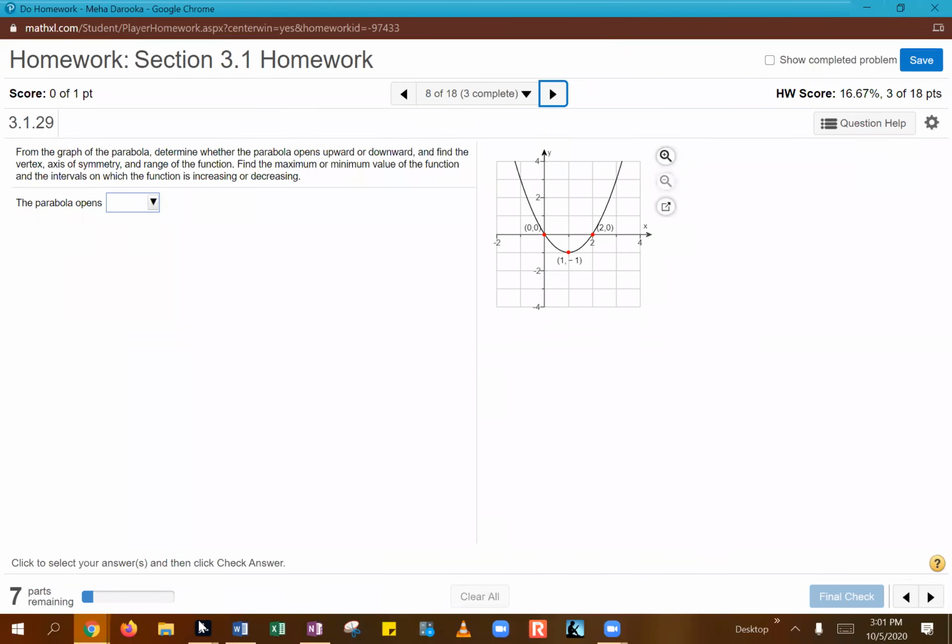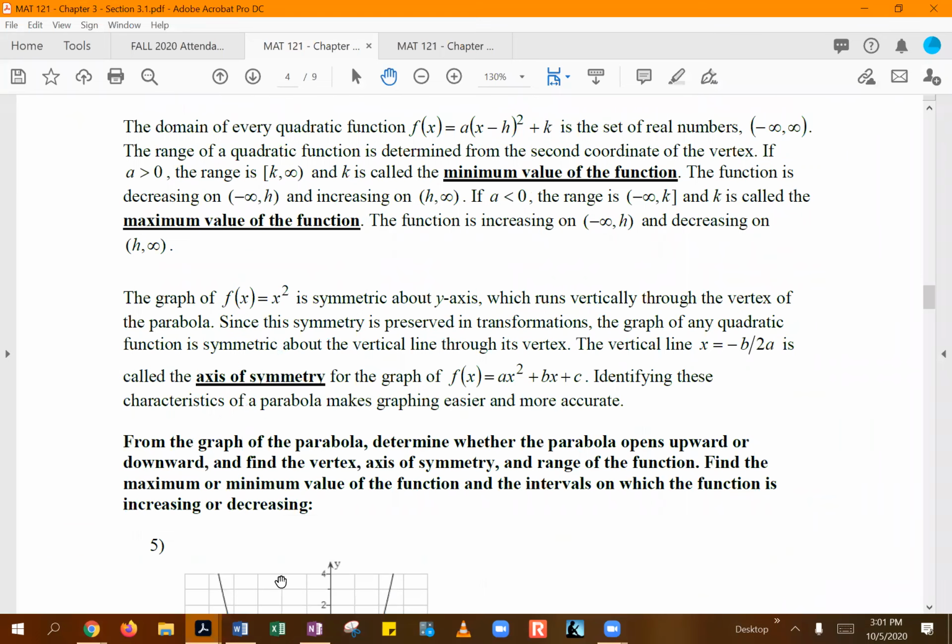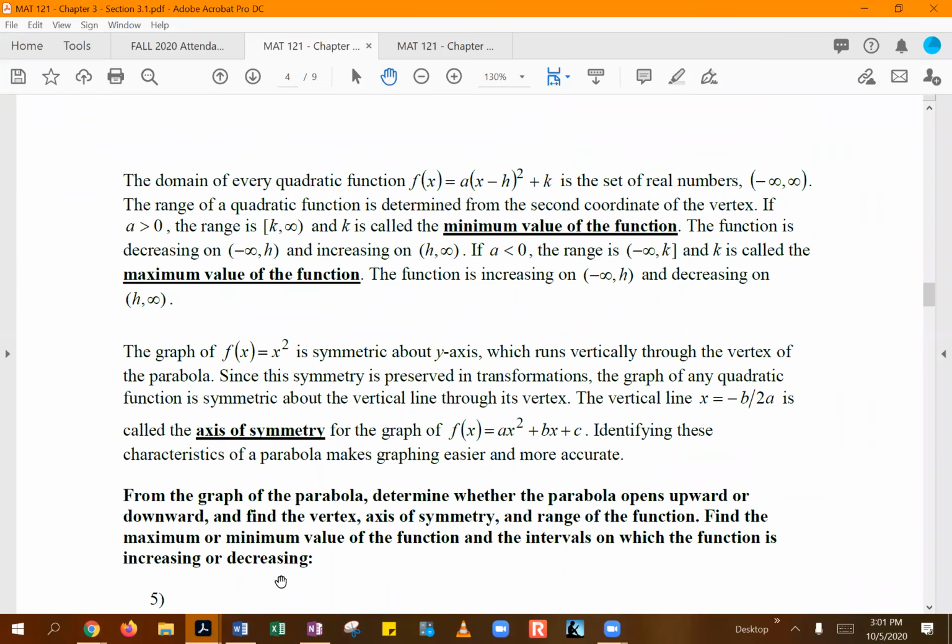Now, what I wanted to talk about is some of the other properties for our parabolas here. So basically, again, if your equation is given in the transformation form, as far as the domain of these quadratic functions goes, they are going to be all real numbers.